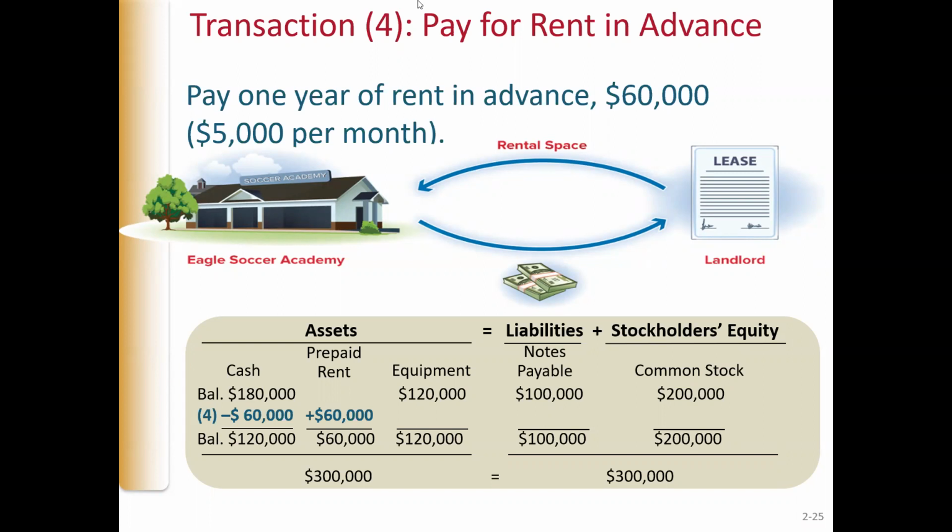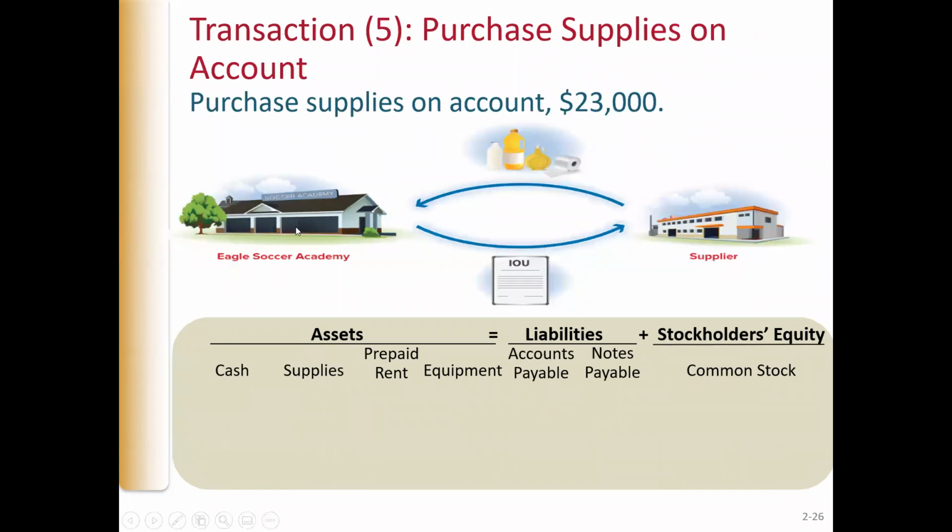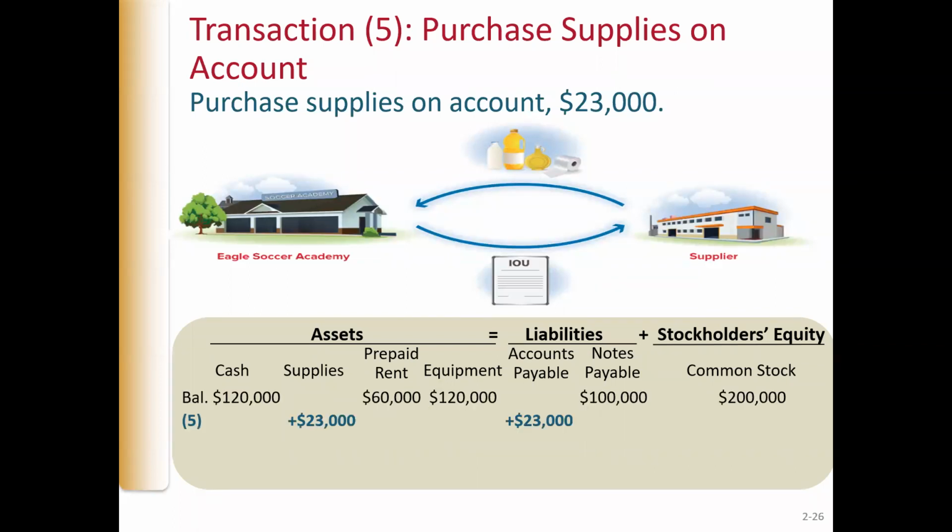The reason this is not a liability is we don't owe anybody anything, right? We've paid for it. We're going to have a benefit in the future. Okay, now we purchase supplies on account for $23,000. Again, supplies go up, but here's the other thing. Did we use cash?